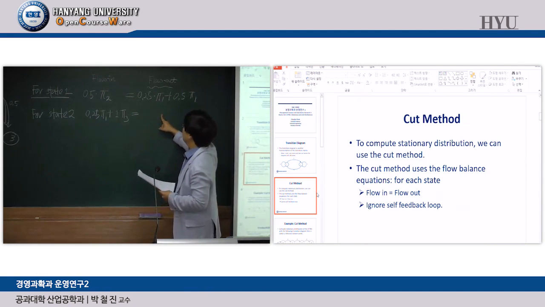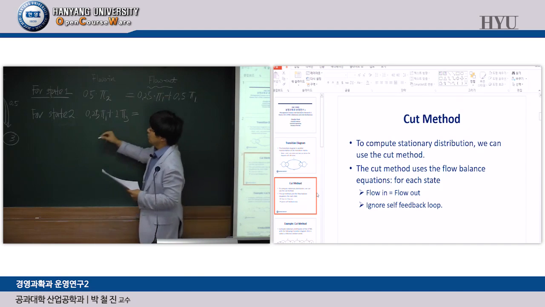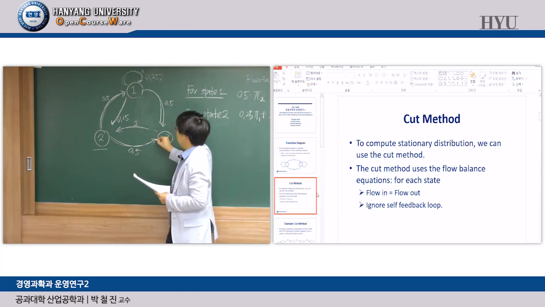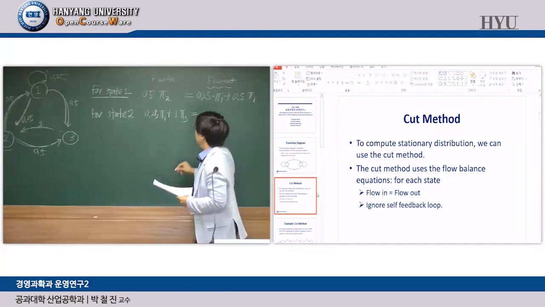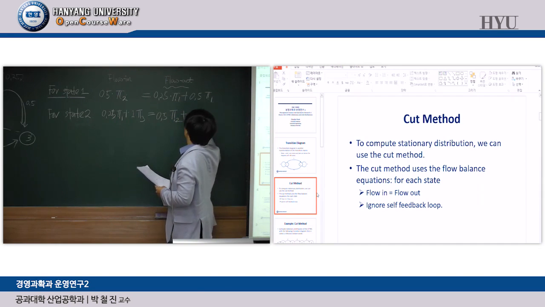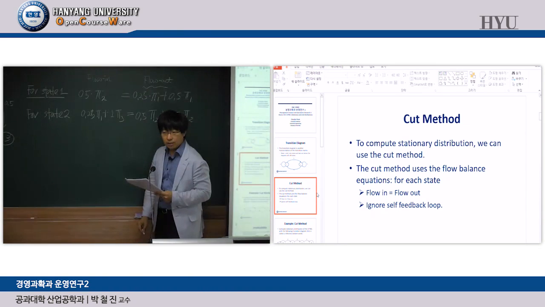And for the flow out part, we need to consider this arc and this arc, right? So 0.5 pi 2 plus 0.5 pi 2. Okay?